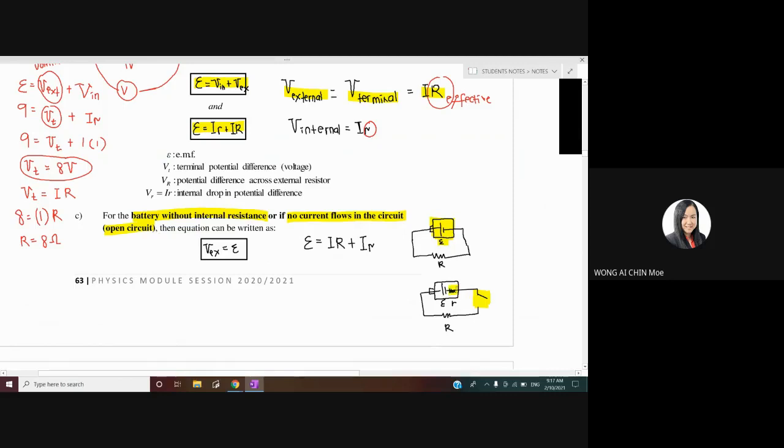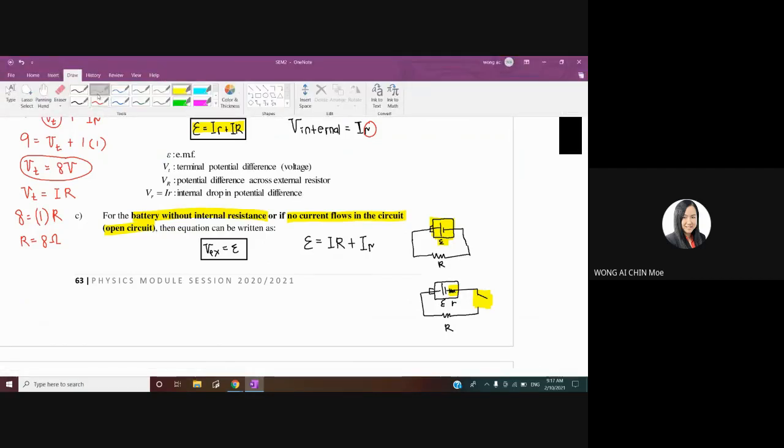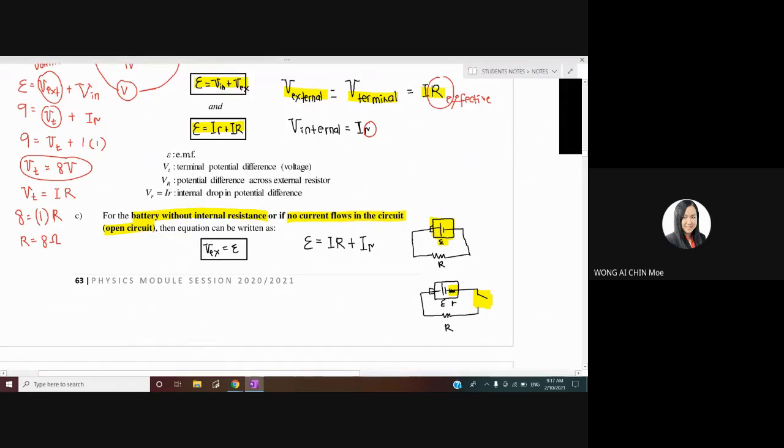Even though dia ada internal resistor, tapi kerana switch itu tak tutup, maksudnya tak ada arus, no current will flow through. So we can write our V external equals to our EMF. Sometimes I use V external, sometimes I use V terminal. Actually, they are referring to the same thing. Okay, why equals to EMF?